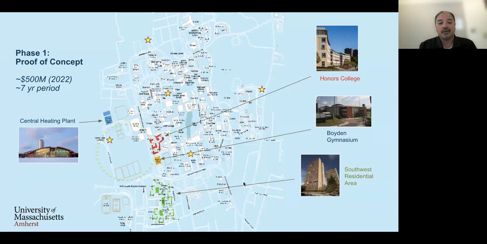So fast forward to summer of 2022, and what we found, as you can see there underneath the tile on the upper left, is that it would cost about roughly $500 million and about a 7-year timeline to implement the system, again, just for a quarter of campus.